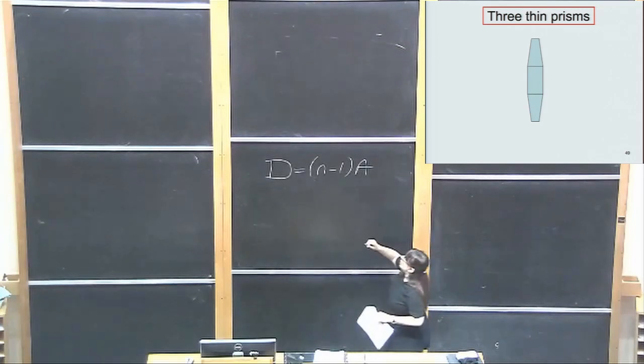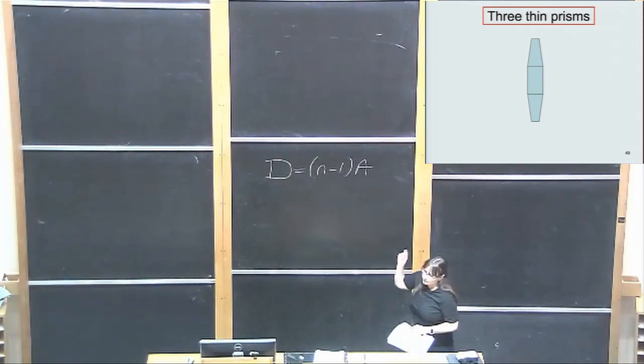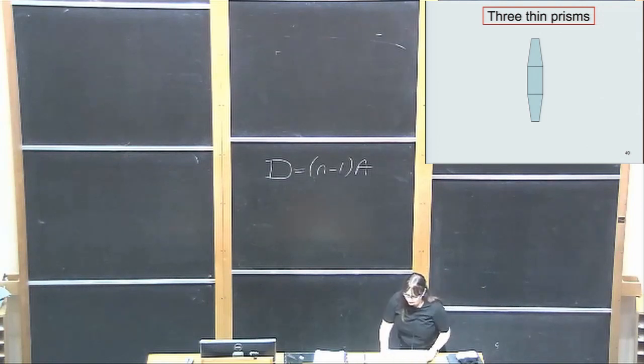Under the small angle approximation, this deviation angle was independent of the exact ray.